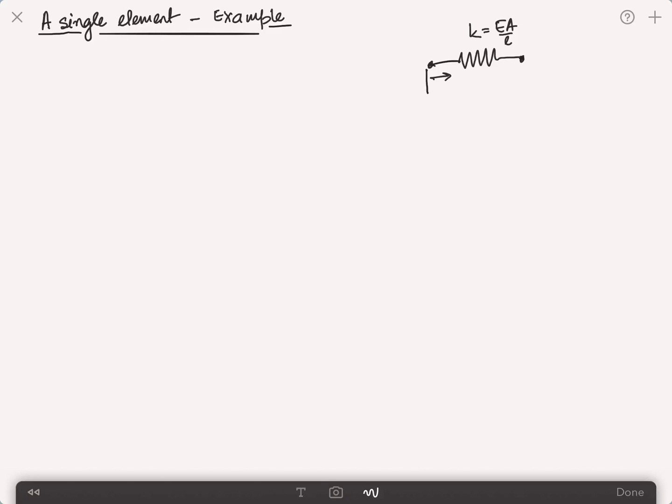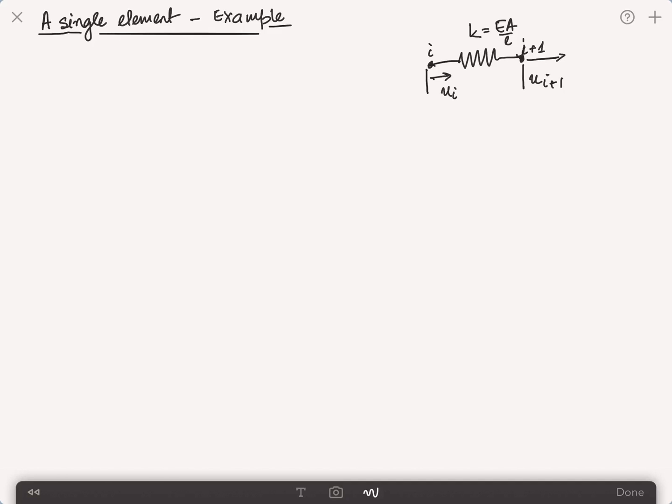So it has a degree of freedom ui here, because this is node i, and this is node, let me call it i plus 1 to keep uniformity with the nodes, and this is ui plus 1.